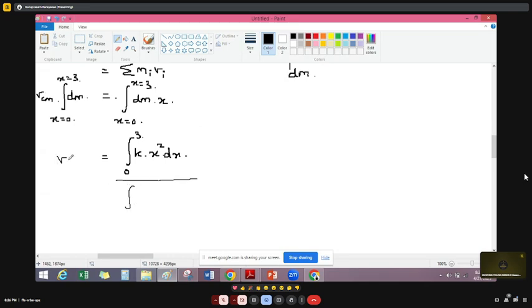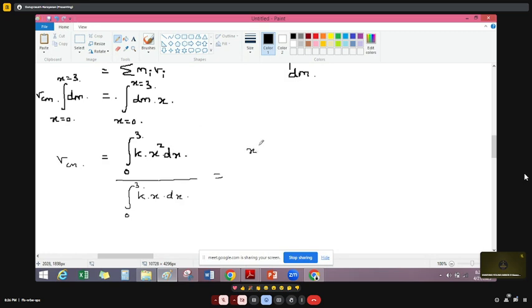So I want RCM, so bring it on this side. So the integral of dm. dm is nothing but kx dx. K is a constant, so it will come out and get cancelled out.